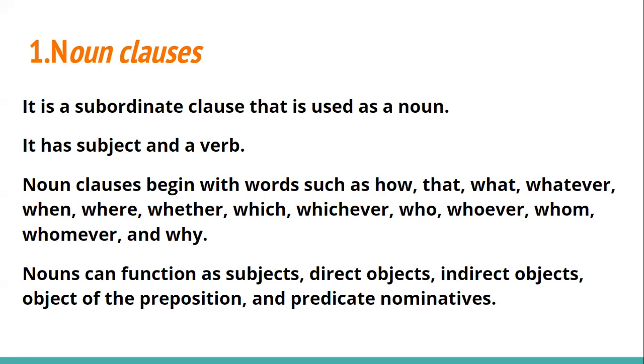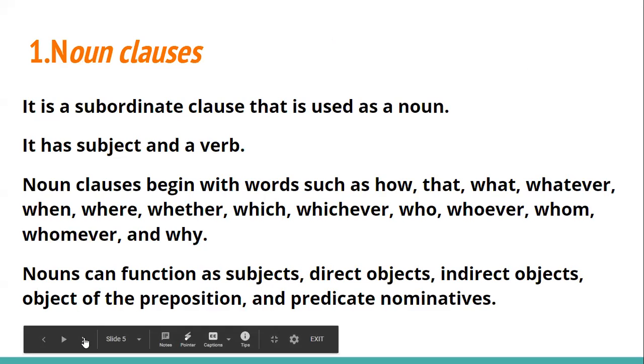It also has a subject and a verb, and begins with words like how, that, what, whatever, when, where, whether, which, whichever, who, whoever, whom, whomever, and why. Noun clauses can function as subjects, direct objects, indirect objects, objects of the preposition, and predicate nominatives.